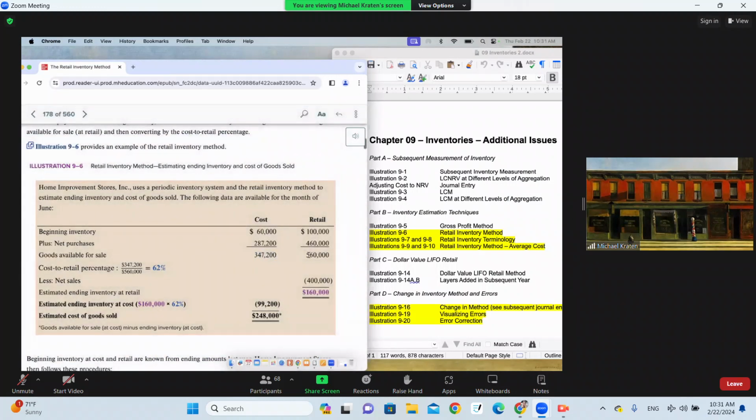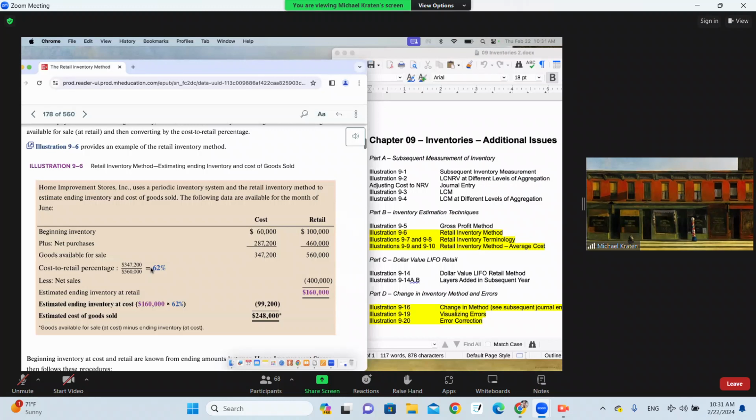And you immediately say, my cost number divided by my retail number is 62%. That's another way of saying I have a 38% profit margin, but cost as a percentage of retail, 62%. Why is that important?